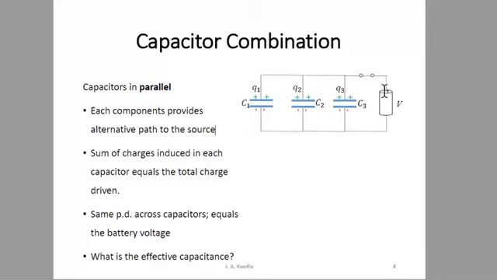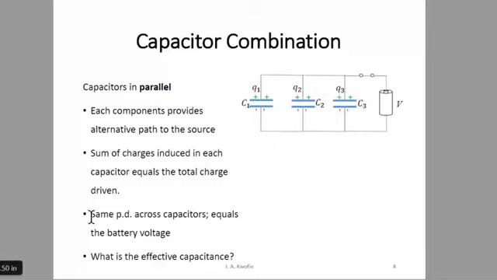This time around, the charge will be shared among the capacitors. So some of the charge will go to capacitor 1, some to capacitor 2, and in that order. I should have indicated the difference with the number of pluses here. Sorry for that. I think I will edit that later.